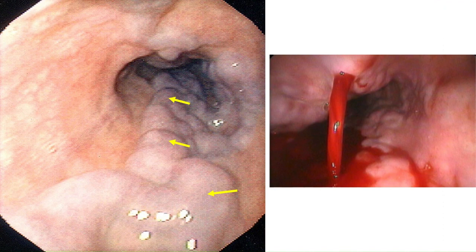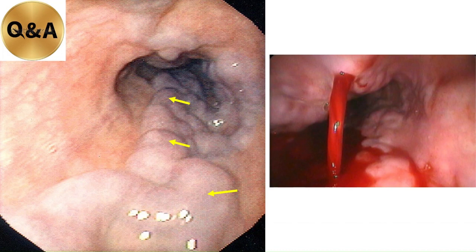Here is a problem. On the left image, when you are looking at the mucosa of the esophagus, you can see all these bumps, and these are dilated veins of the esophagus. You know, the venous drainage of the esophagus is segmental, and the lower part is joining the portal system.